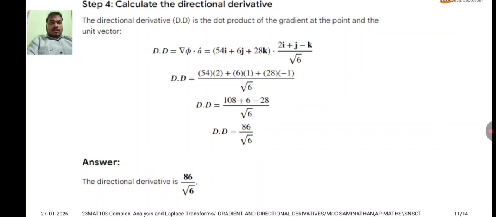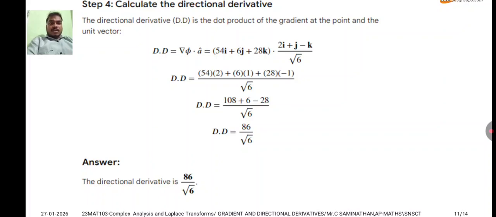Here the directional derivative is found by multiplying i with i, j with j, and k with k. The remaining terms become 0, which means i dot j and i dot k are 0.